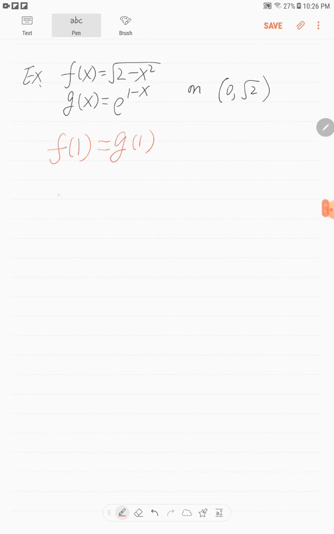If we take the derivative of f of x, it is equal to negative 2x over 2 square root of 2 minus x squared, right?